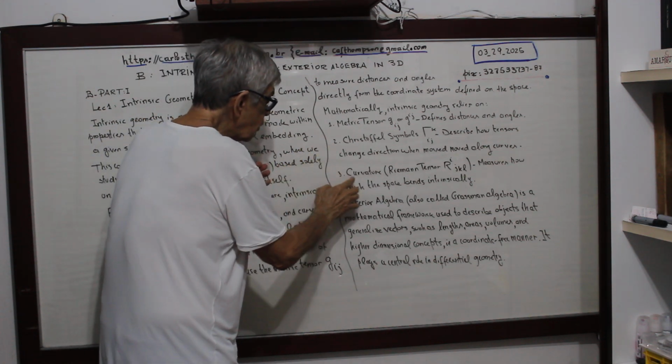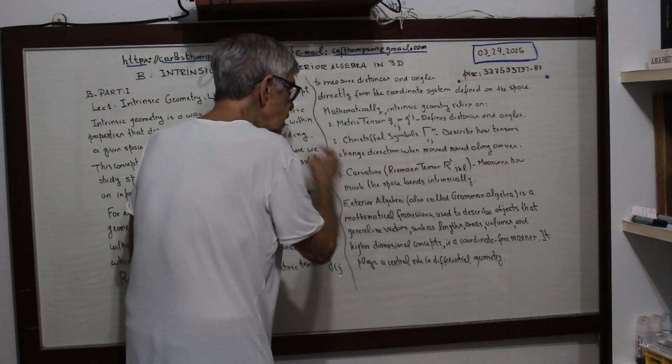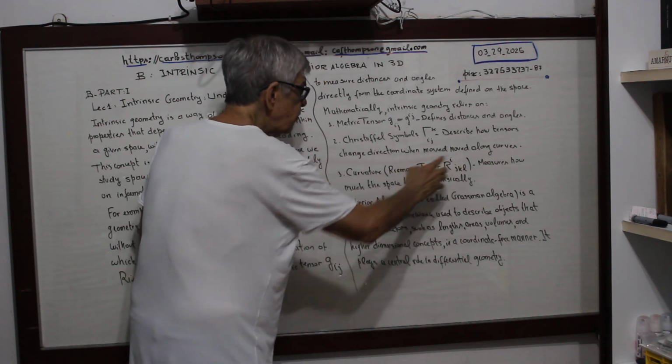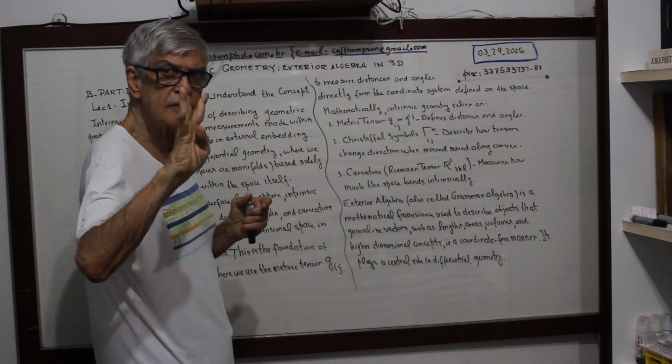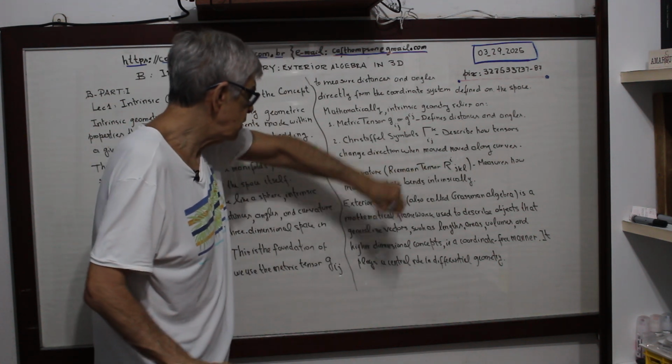Third, the Riemann curvature. We didn't derive this. This is the curvature Riemann tensor. Here you have four free indices: I, J, K, L. We'll derive this.